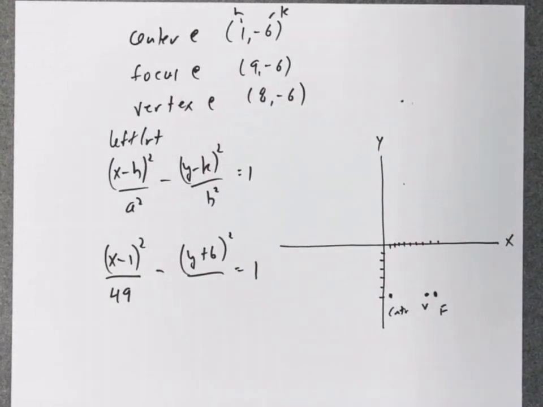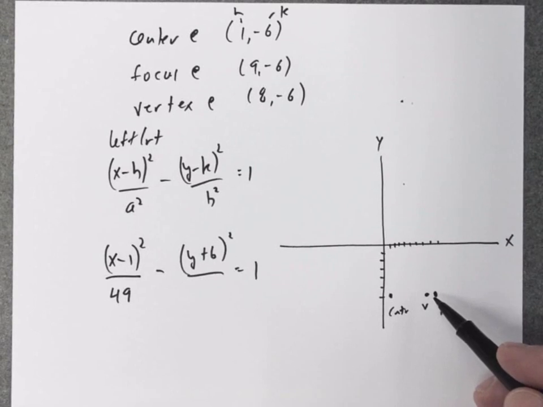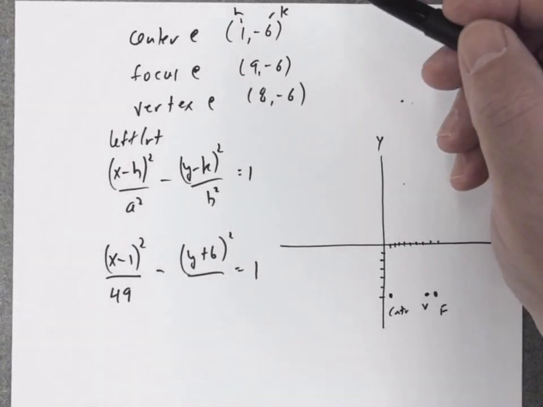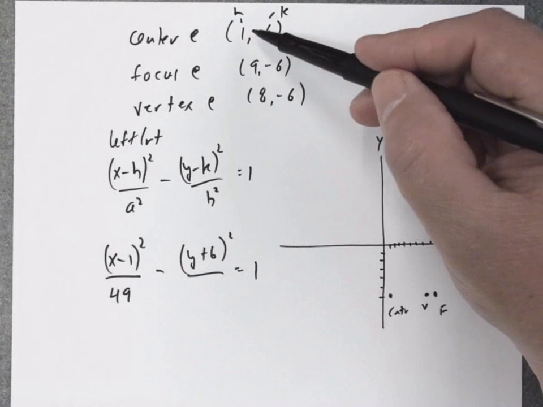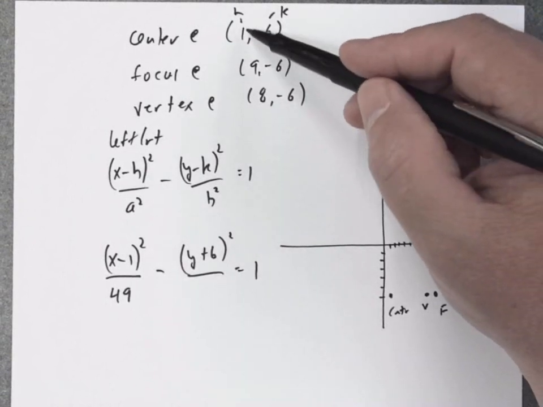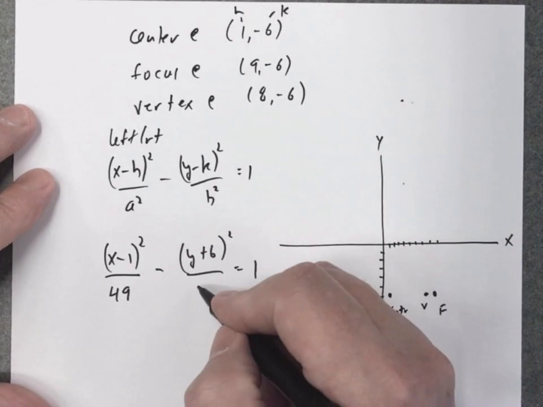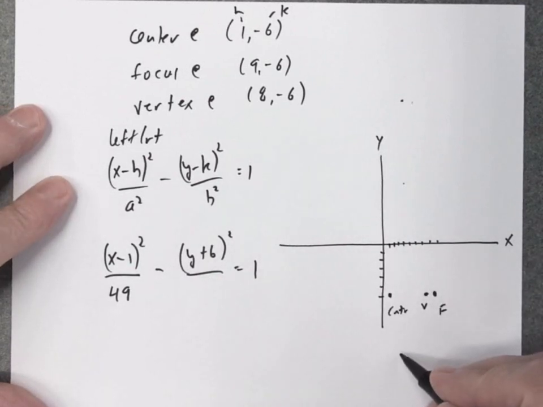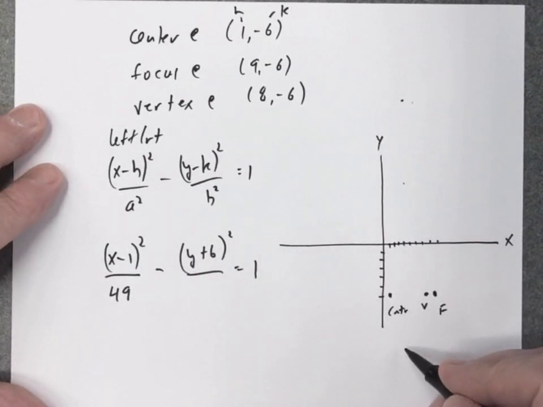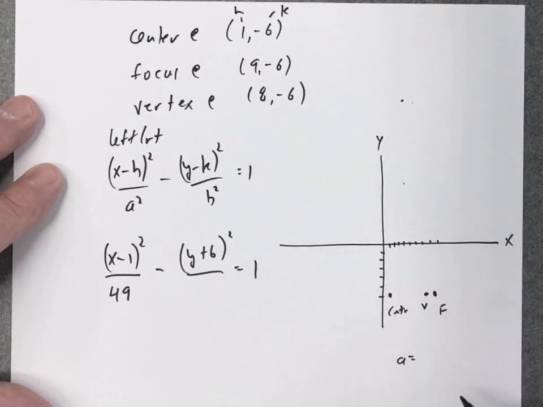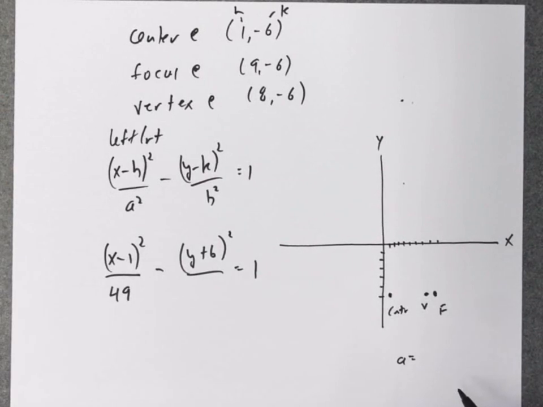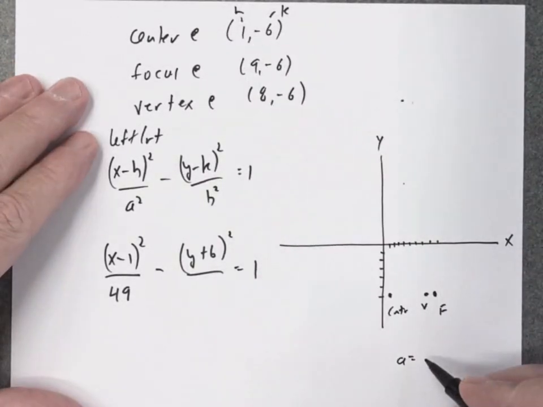Now, the only way to find b, I do know c. Let me make sure I didn't mess up. Okay, 7. Yep, from the center 1 to the foci 9, it's 8. Let me just write all this down. A, going from the center to the vertex from 1 to 8, is 7.